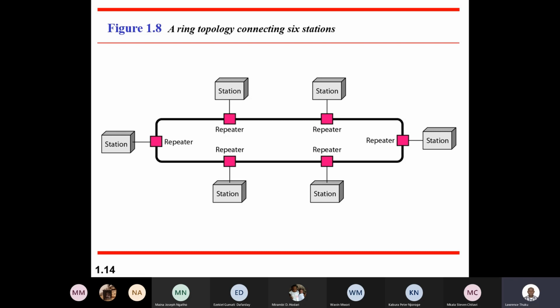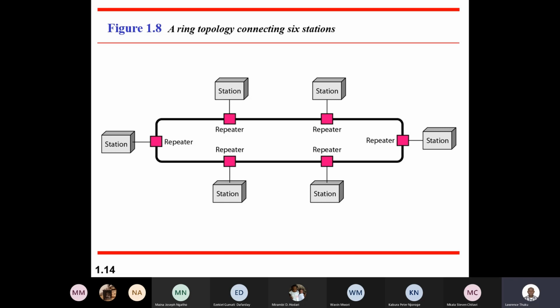Now you realize that in this scenario, any particular device can be sending and receiving data. So there is that way of controlling who is sending, and who is controlling the transmission of data, especially in terms of sending. This repeater also tries to identify any collision of data in the network itself.